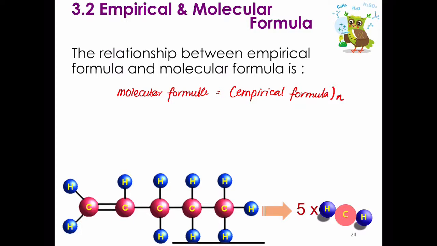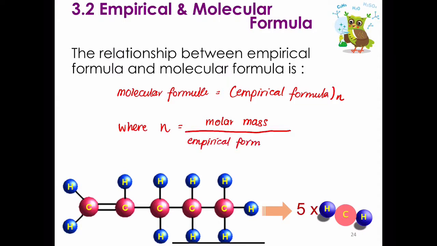Okay, where n dekat sini, macam mana kita nak cari dia? Dia adalah molar mass. Okay, so molar mass is actually molecular formula punya mass lah. Okay, and then kita divide by the empirical formula punya mass.